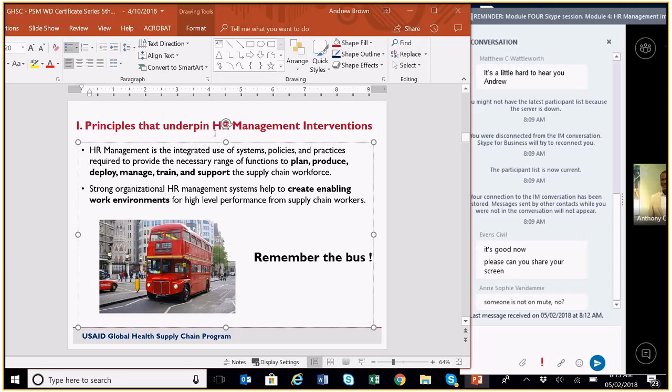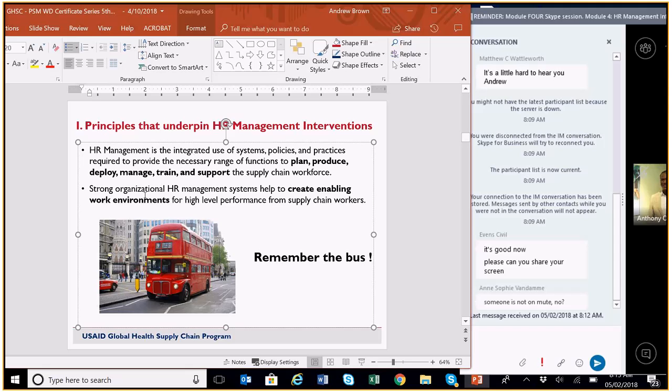And you remember that one of the key takeaway messages I said was capacity development of human resources is not training. And in this regard, you will again see plan, produce, deploy, manage, train, and support. That the training aspect, which we spoke about last week, is only one element. And in this particular webinar, we want to emphasize some of the other elements.